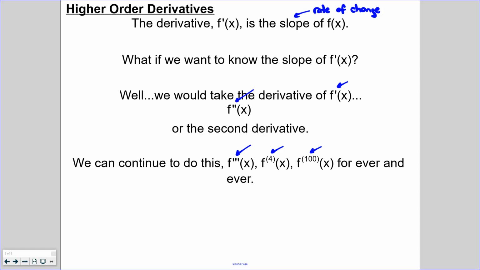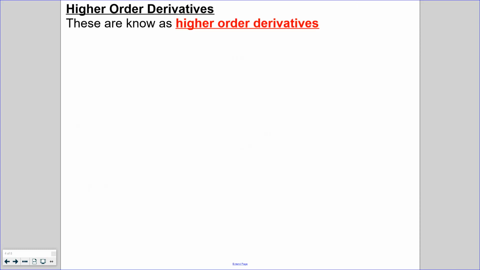All right, so does this really define higher order derivatives? No, it gives us an idea what they are, so let's define them. So the second, the third, the fourth, the 100th, these are known as higher order derivatives. Any derivative above the first derivative is a higher order derivative. And we can denote this by using a kind of weird formula. I don't want to say formula because we're really never going to use the formula, but we can denote that using this notation by saying the nth derivative of x is equal to the derivative of the n minus first derivative of x.